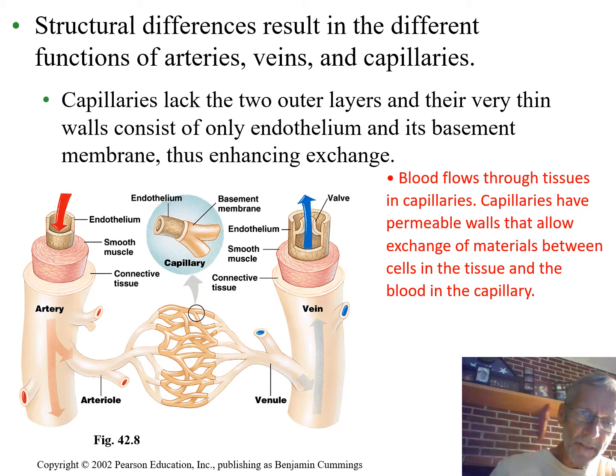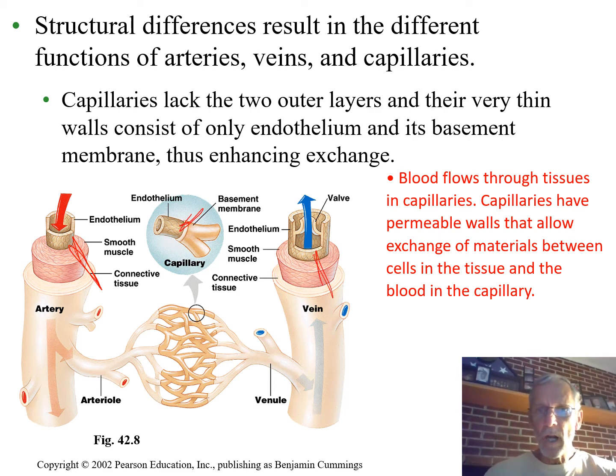Thicker walls. That's what arteries have compared to veins, and especially compared to capillaries. They don't tell what specifics they're looking for, except for thickness, I think. But the thickness is due to a muscle part, right? All of them have an inner lining, inner endothelium.